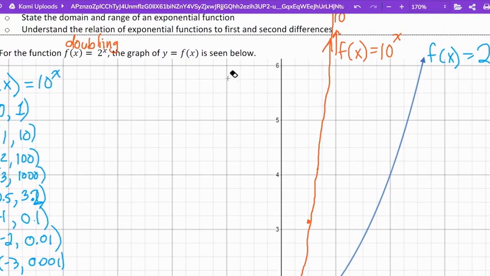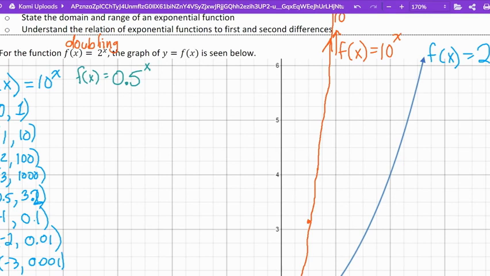All right. And then we had the question of, well, what happens when my function f of x is 0.5 to the power of x? You were like, oh, this is 2 to the power of x.